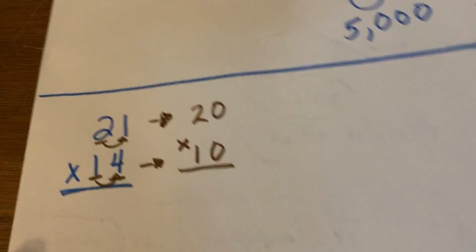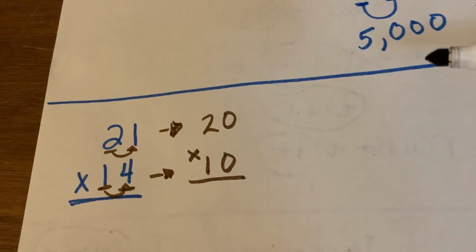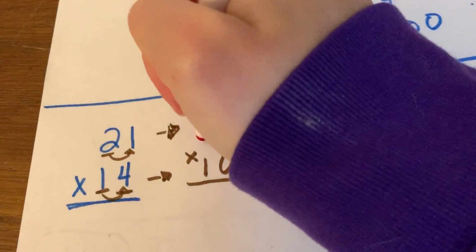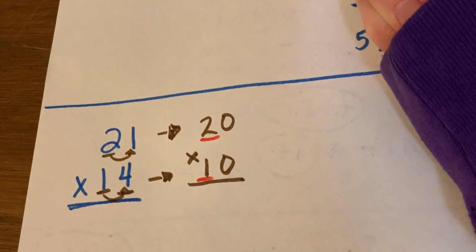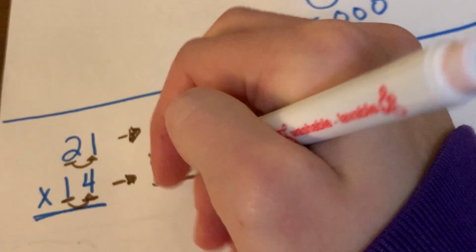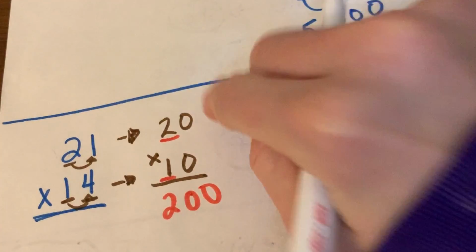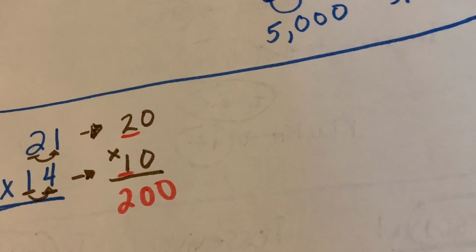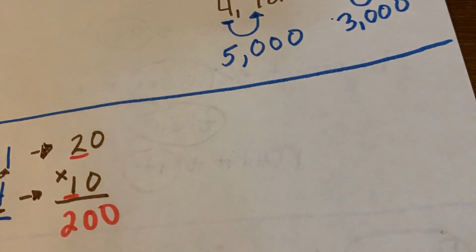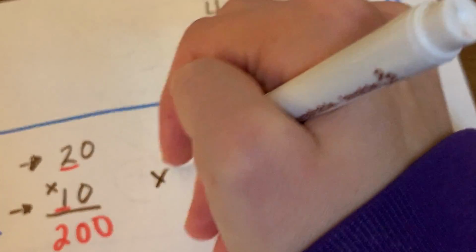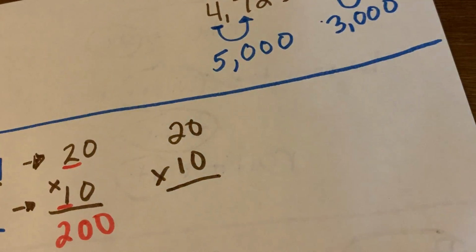Okay? So here's what I recommend here. There's 2 ways you can look at this. You can either look for a literal basic fact, so 2 times 1, and get 2 and then tack on 2 zeros because there's 2 zeros here. Or you can keep using the strategy that we talked about before.